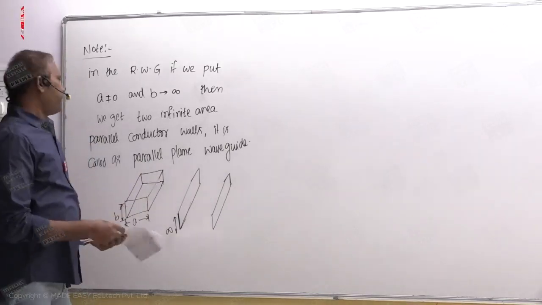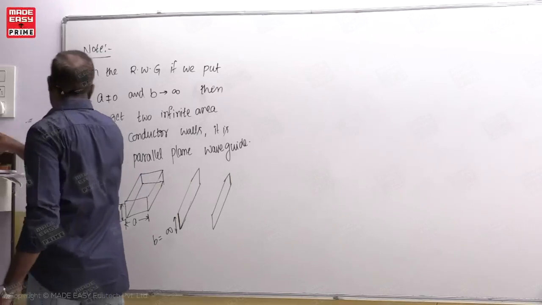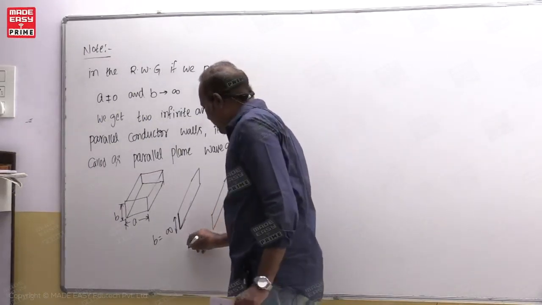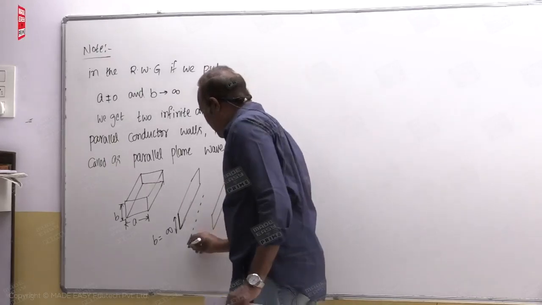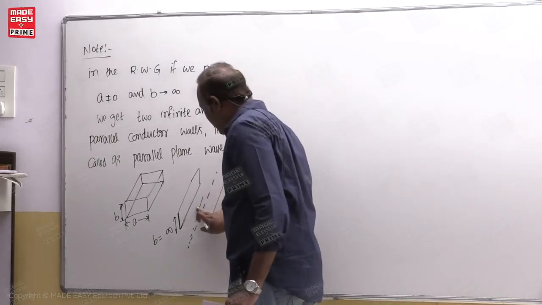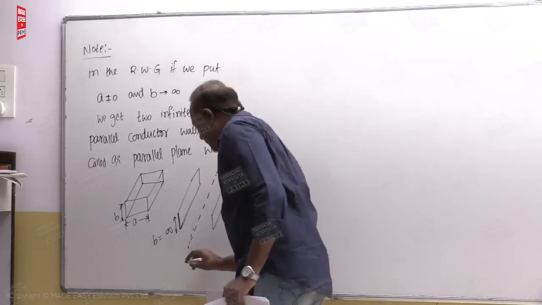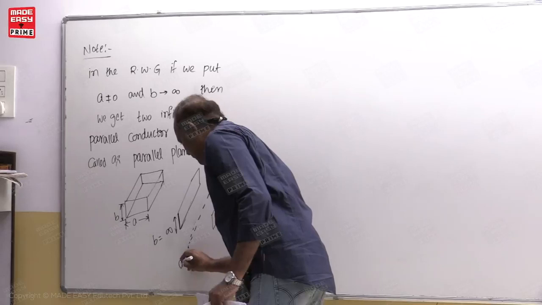For that, you see what formulas come. And of course, this center line is called the waveguide axis.